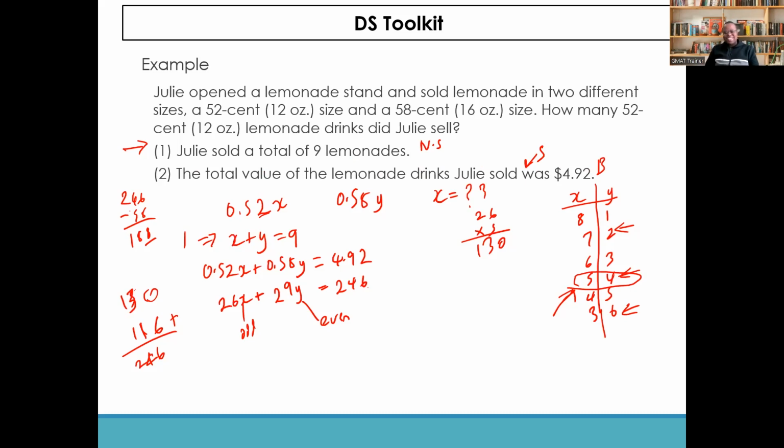I'm expecting questions. Yes, Angela. At first, I never understood why you ruled out statement 1 as not being sufficient. Why is that so? Because you tried all the combinations. How many combinations of X and Y can you have that add up to 9? Because you have X plus Y equals 9. Julie sold 9 lemonades, right?